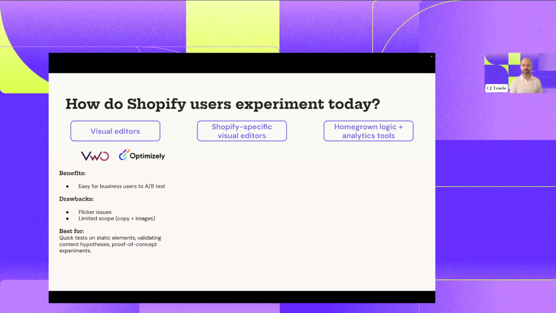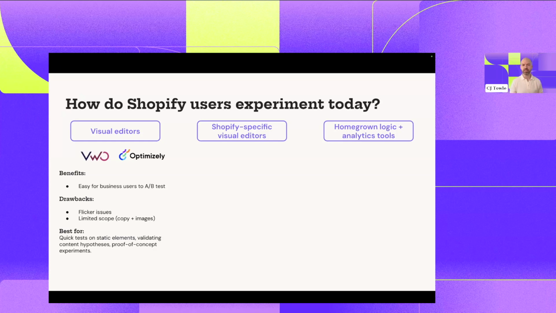So what'll happen is your shopper loads the original page, the JavaScript gets injected, the image or the text changes. Sometimes that can be seamless. Sometimes that can add a little bit of a flicker where the user will see the original experience and then flip over to the treatment experience that you want them to see.